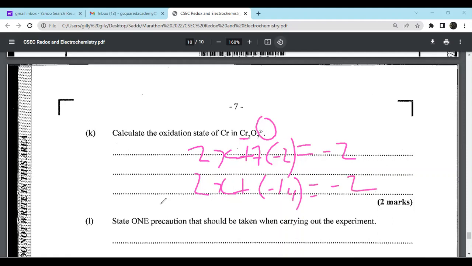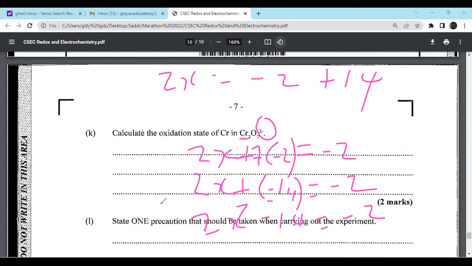So that now works out to be 2x minus 14, because in math, plus times a minus is a minus. 2x minus 14 is equal to -2. We need to get rid of the -14, so 2x is equal to -2 plus 14.